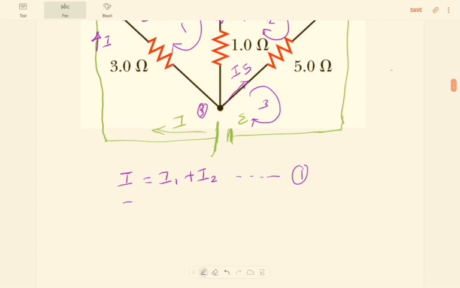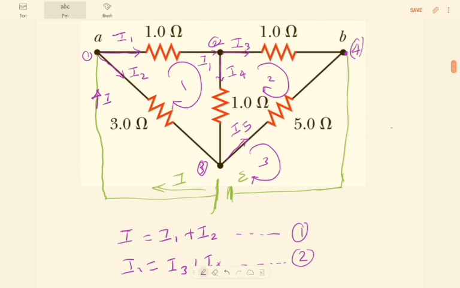So here I1 equals I3 plus I4. This is our second equation, and the third equation can be found from junction 4.